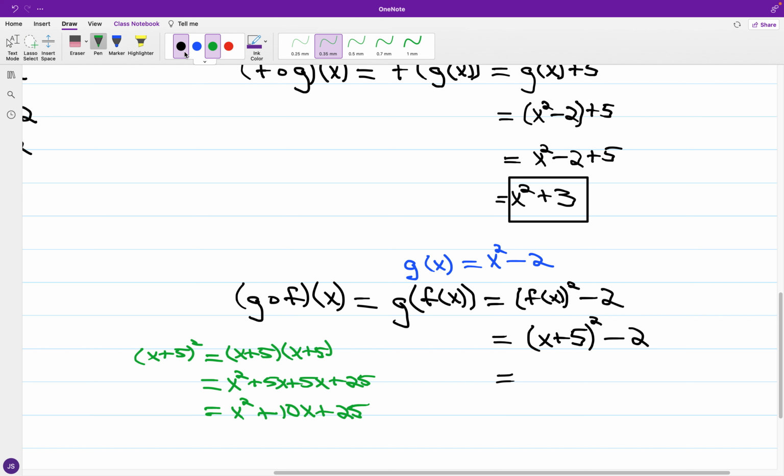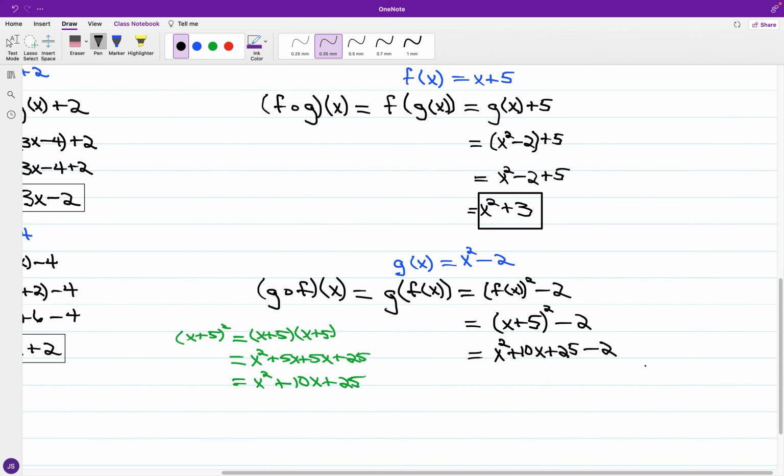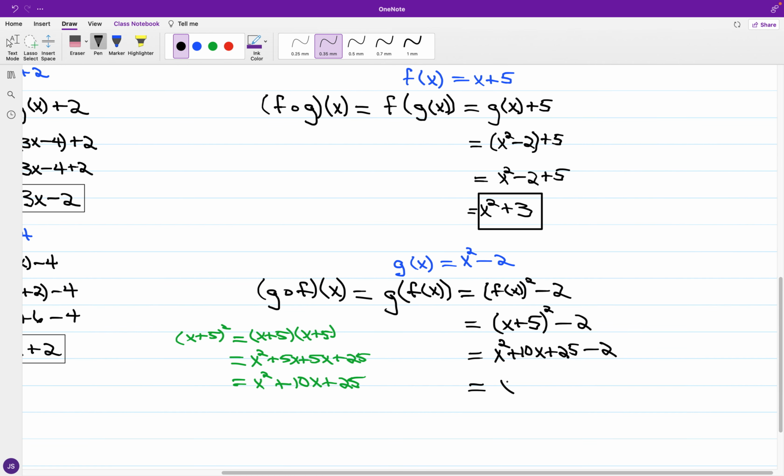For the square of x plus 5, you have x squared plus 10x plus 25, followed by the subtraction of 2. So for the result of g composed with f of x, we'll end up at x squared plus 10x plus 23. And that's definitely going to be quite distinct from x squared plus 3.